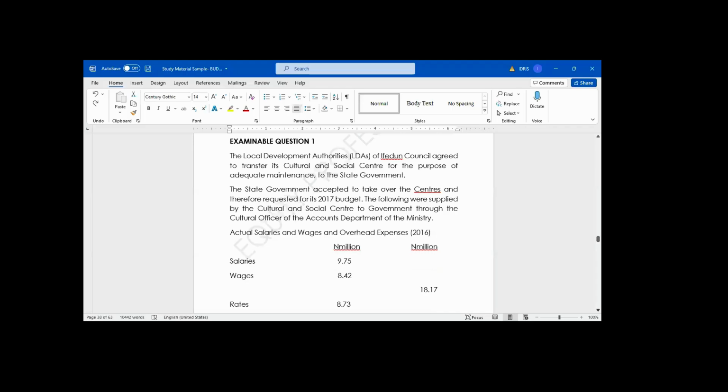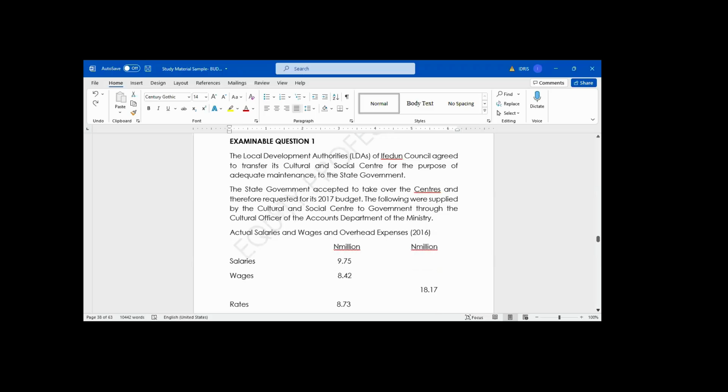Question 1. The local development authorities of Ifedu Council agreed to transfer its cultural and social center for the purpose of adequate maintenance to the state government. The state government accepted to take over the centers and therefore requested for its 2017 budget.